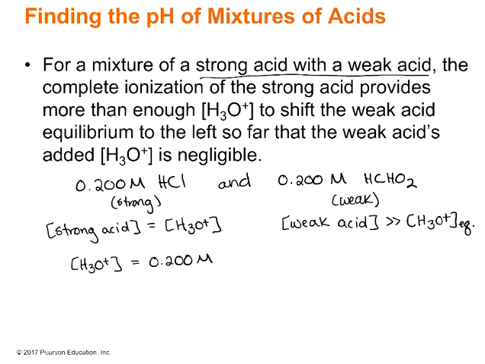And from our worksheet problem 4, we saw that the concentration of hydronium ions at equilibrium for a 0.2 molar formic acid solution is equal to 0.006 moles per liter.